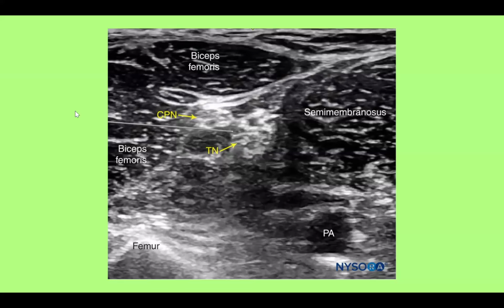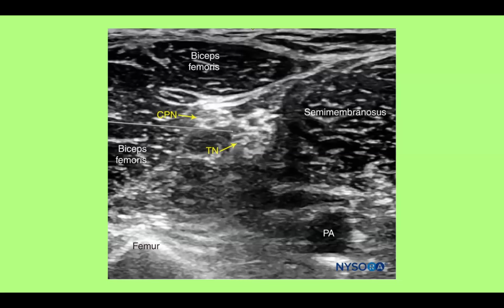It's not labeled on this image, but the left of the screen will be the lateral side. And we know that because the common peroneal will be lateral. What we sometimes see is when patients have car accidents, or they get hit on the leg by a car from the lateral side, they can end up with a foot drop, and that's usually due to the exposed common peroneal nerve on the lateral side near the fibular head.